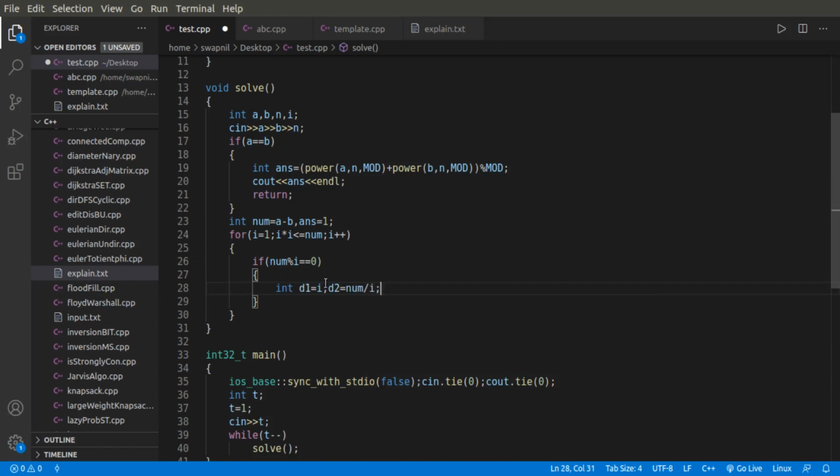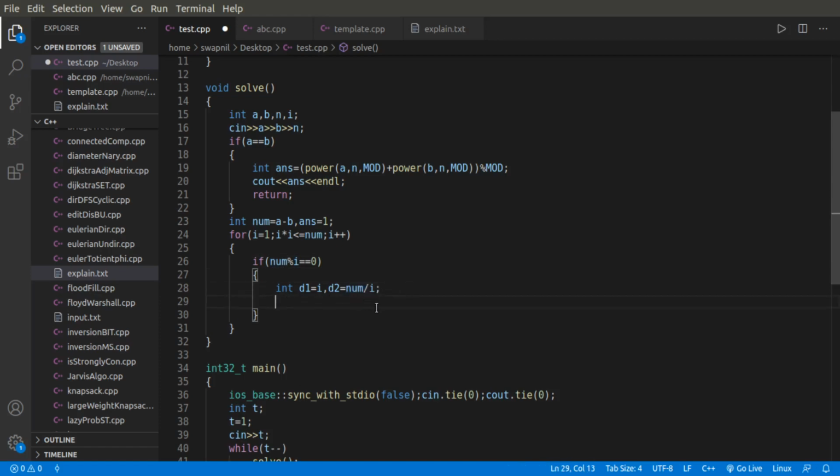Because these are the two divisors which is dividing num. I am looping only to the square root of num, because I am getting one divisor before that square root of number and one divisor after that, and that can be accessed through num by i.